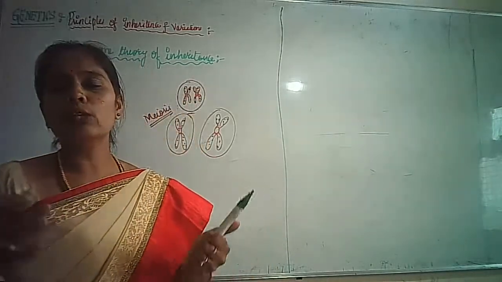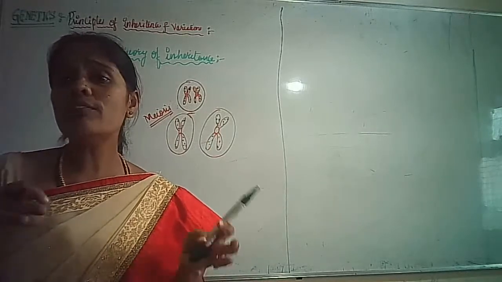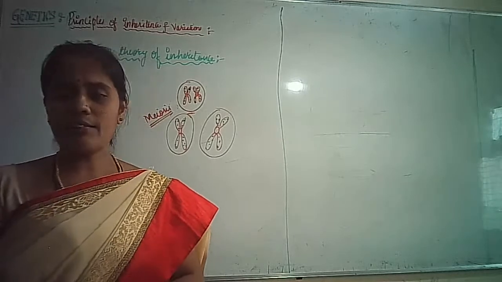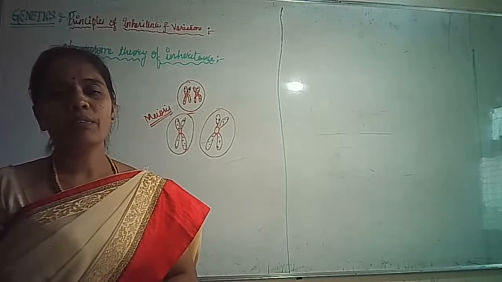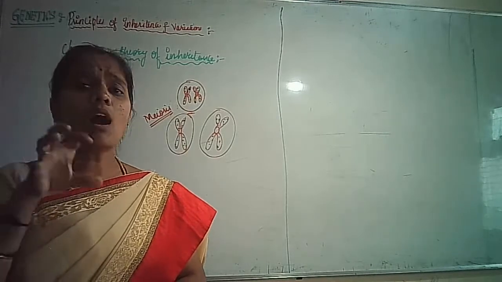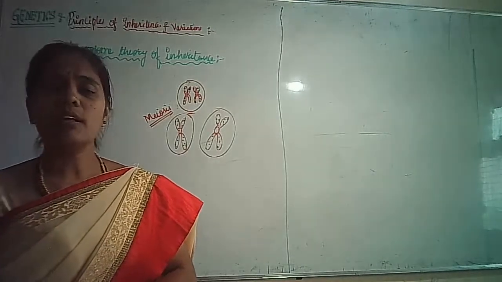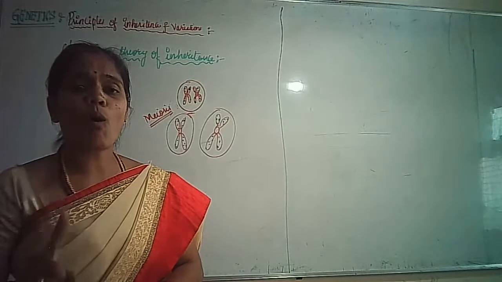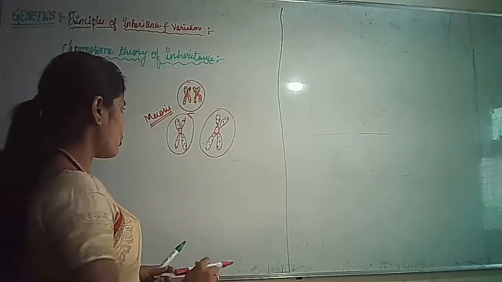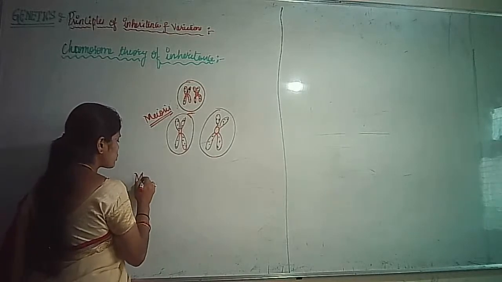So Mendel failed to explain how the factors are transferred between cells. The factors are transferring, but he was unable to show how the chromosome movements happen, how exactly the genes are transferred, because of the lack of microscopy. What do you mean by microscopy?